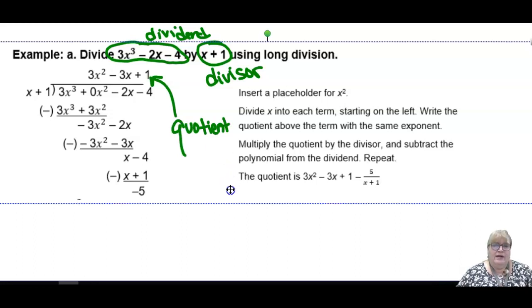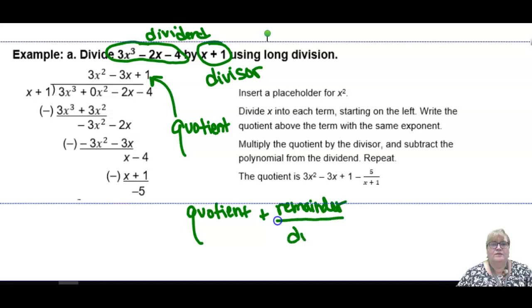When you write your answer, you write the quotient polynomial plus the remainder over the divisor, unless it says that you can just leave it as a remainder or something. All right, so that's just some vocabulary I will be using.